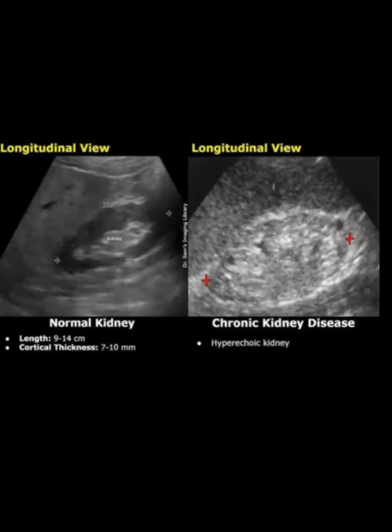I see patients whose total kidney length is small, but the cortical thickness is good, with normal kidney function. Nice. So yes, you are right. Sometimes there are congenitally small kidneys, but they are working very well.